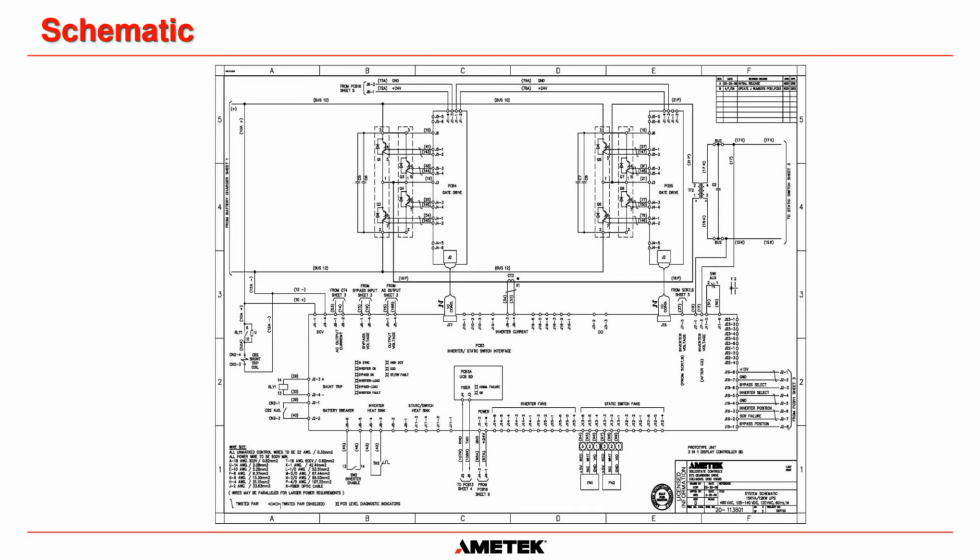Once again, there's the schematic for our drawing that shows you our PCB gate drive here, and this is where it's monitoring the desaturation. On the next slide, we zoom in on that a little bit.